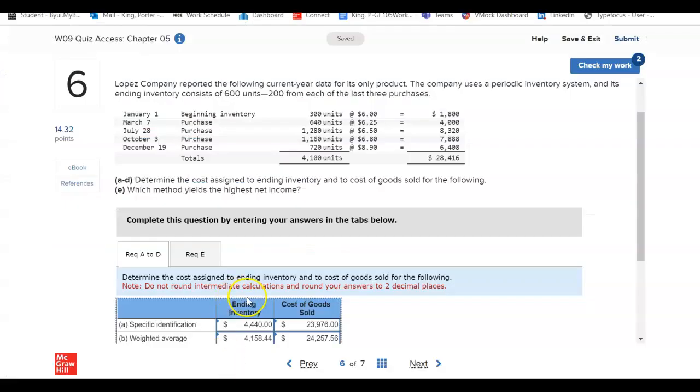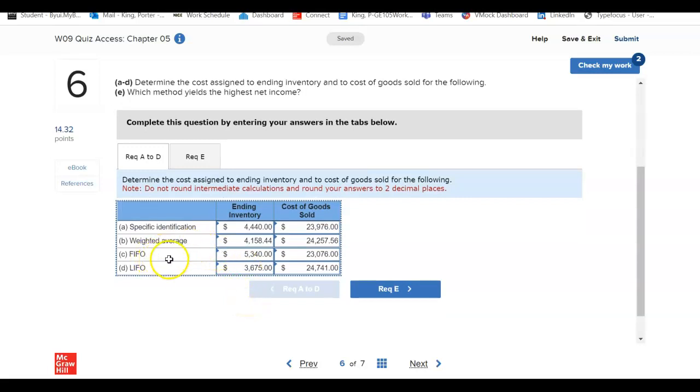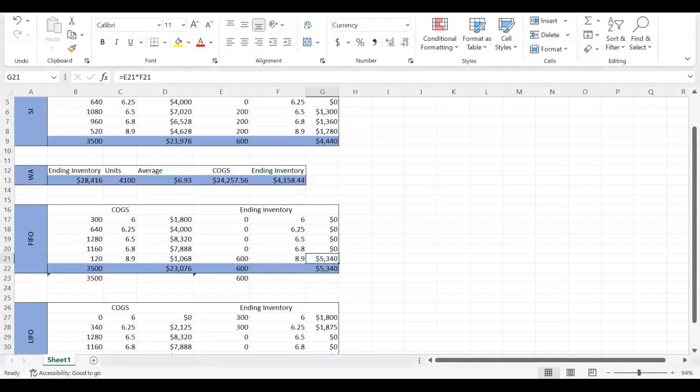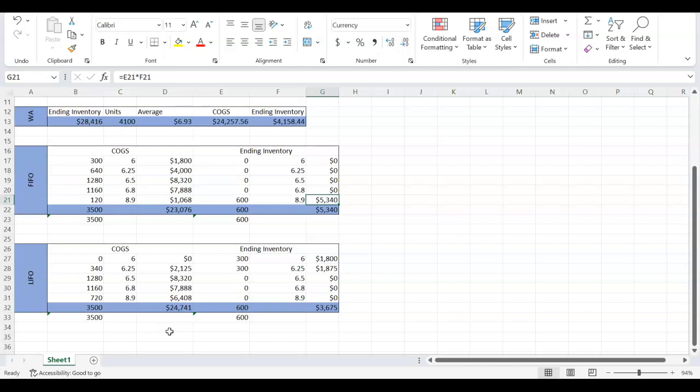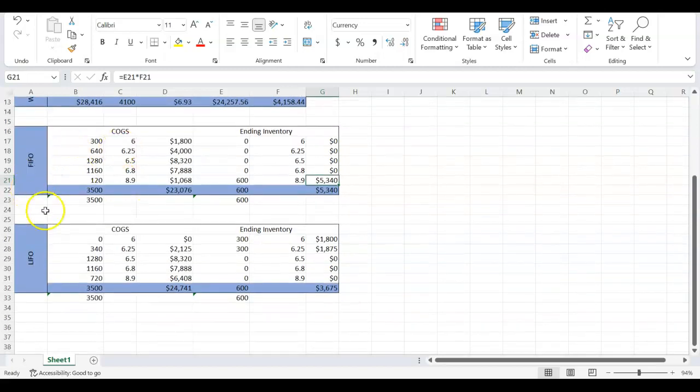So we can go ahead and put that in our first in, first out of ending inventory, $5,340.